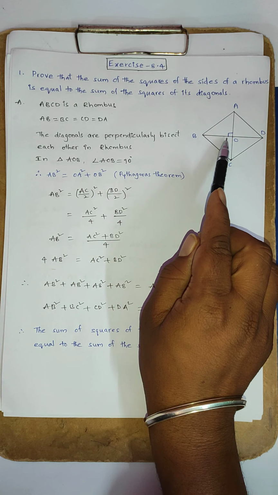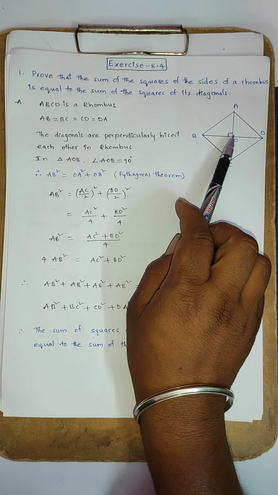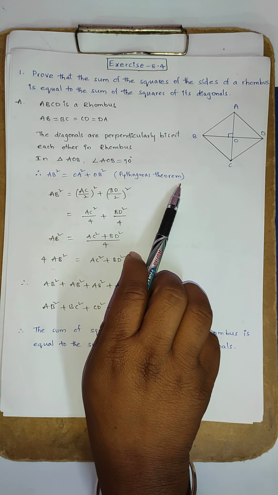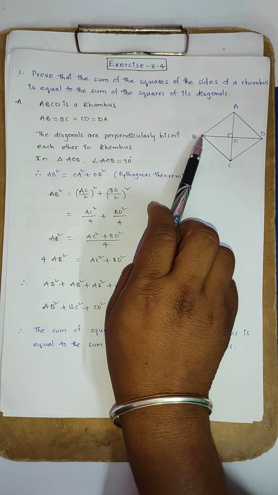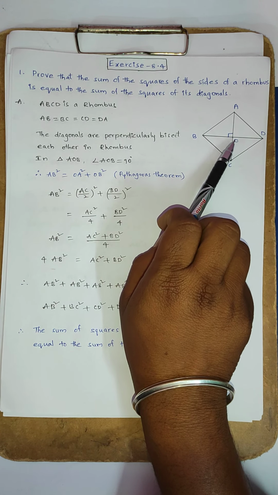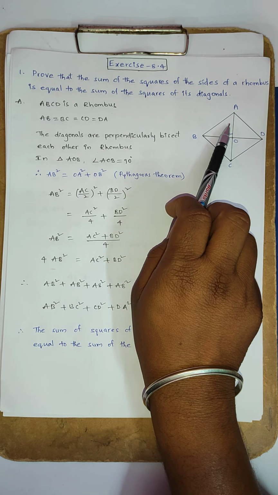In triangle AOB, at point O, the angle is 90 degrees. Using the Pythagoras theorem, AB, the hypotenuse, squared is equal to the sum of the squares of the base and the perpendicular side.